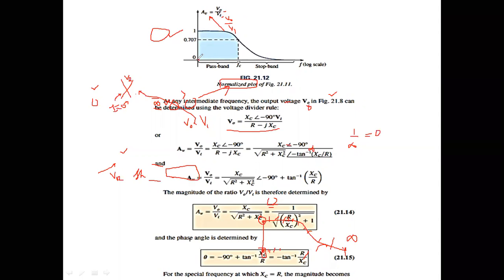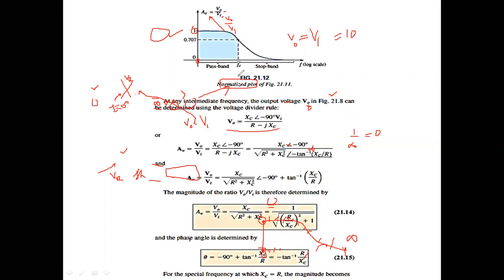As we know, for f equal to 0, V naught is equal to Vi, as we discussed in the previous slide. If, let's suppose, Vi is 10, then V naught will also be equal to 10. So 10 divided by 10 is equal to 1. So always at f equal to 0, the normalized gain AV will be equal to 1.